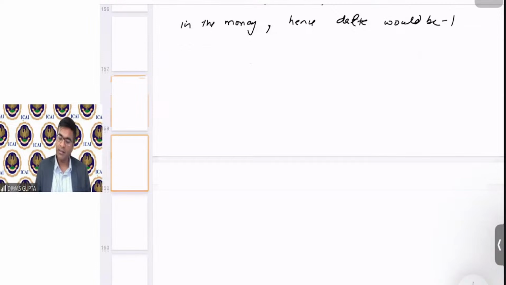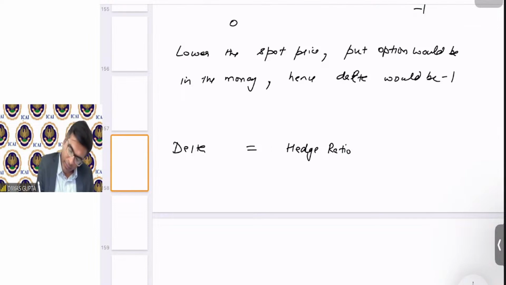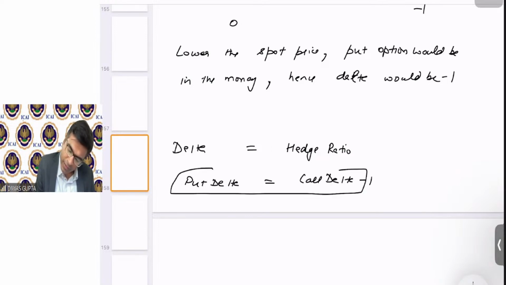Now the last thing in delta I want to tell all of you is delta is equal to hedge ratio, students, and put delta is equal to call delta -1. Always remember this relationship, students.